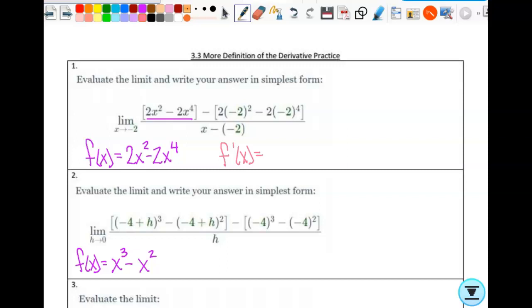Yeah, so you can square this and then you'll be able to reduce it. Good.